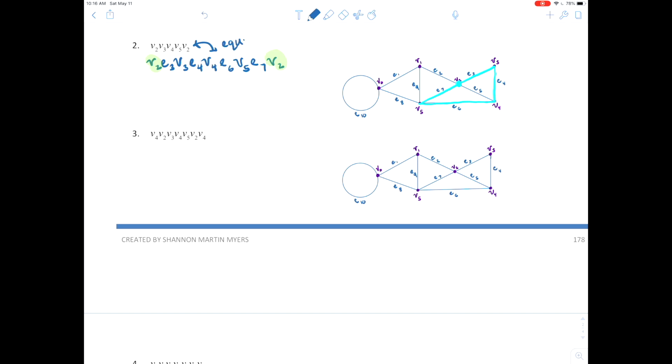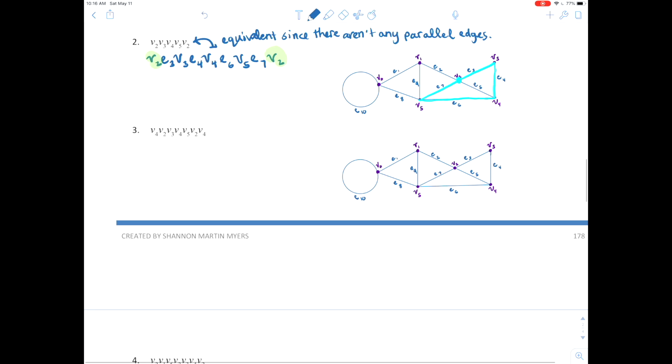Equivalent in the sense that there aren't any parallel edges, just to be clear. You can't always just do that. If there's a parallel edge, you have to make sure you're representing everything.